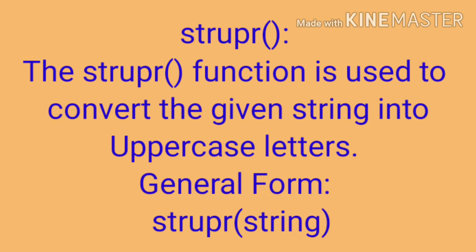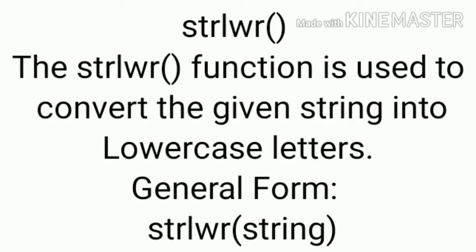For those functions only a character is converted, but in this function we convert the string. So strupr is used to convert the given string into uppercase letters. strlwr is used to convert the given string into lowercase letters.